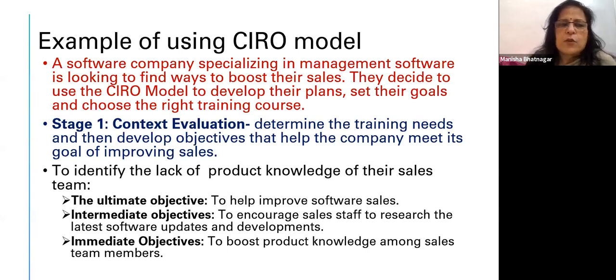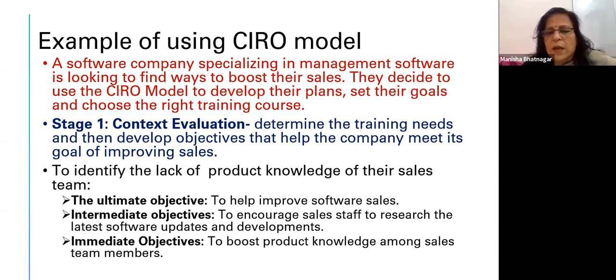At stage one, they did the context evaluation, determined the training needs, and then developed objectives that help the company meet its goal of improving sales. Their goal was to improve sales, that was the ultimate objective. To identify the lack of product knowledge of their sales team, the ultimate objective was to improve the software sales.